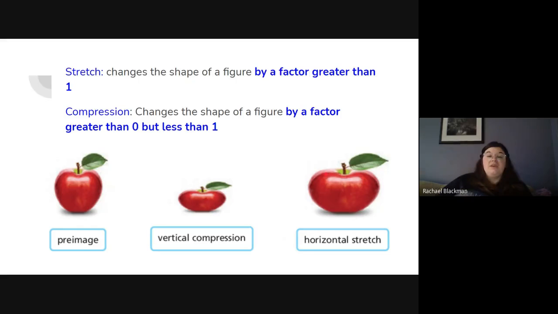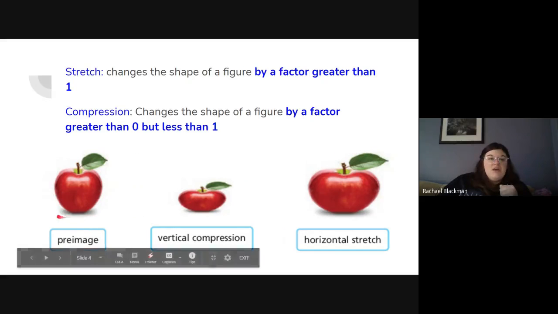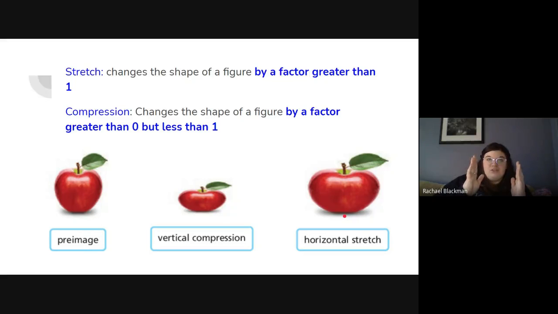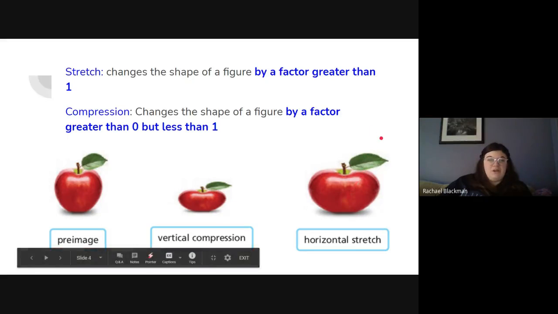But here, if you're thinking horizontally, we stretched it horizontally, so we multiplied by a number that was greater than 1, but it's only a horizontal stretch because the height of the apple, and if you look, say that's probably the height of the stem, is about the same size in my image. The bottom here, about the same size, right? But again, the width of my apple changed. All right, pause if you want to maybe get a sketch.